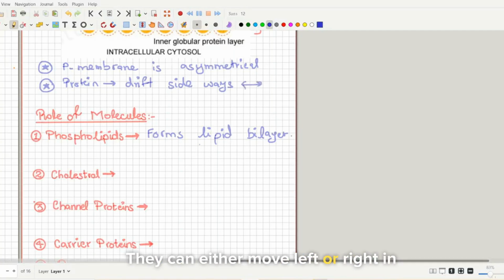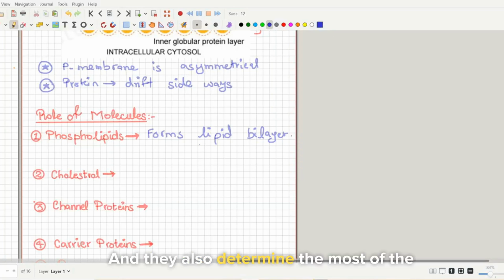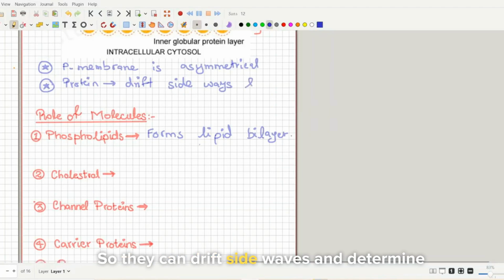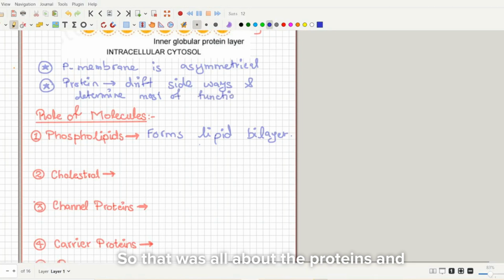They can move left or right sideways, but they cannot move above and below, and they also determine most of the functions of the membrane. So they can drift sideways and determine most of the functions of our membrane. That was all about the proteins and the plasma membrane.